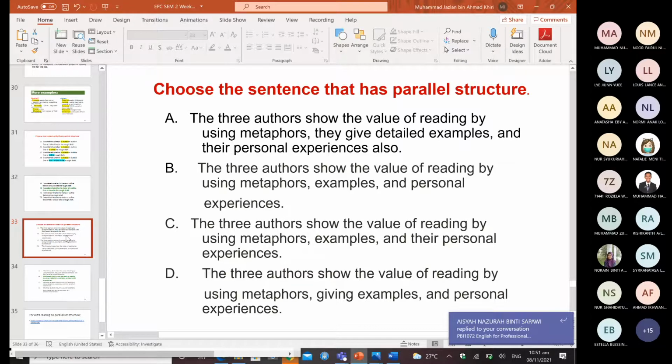Aisha is the first to clock in the answer, B. How about the rest?